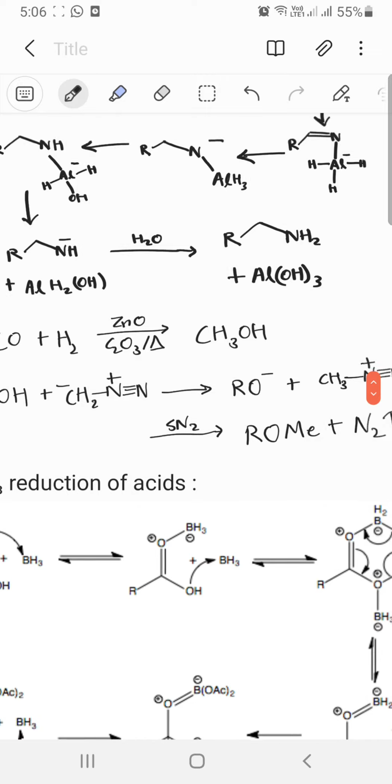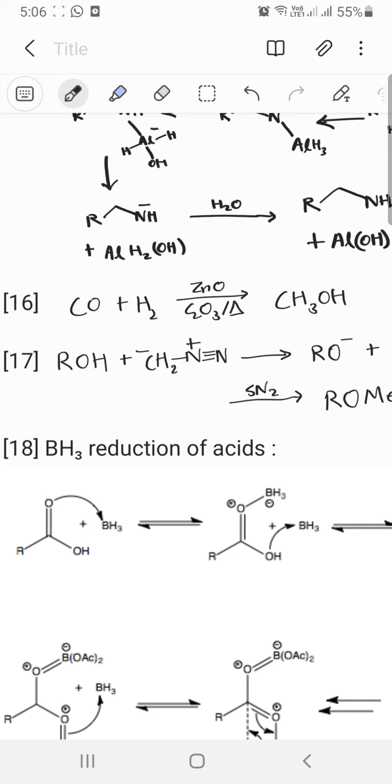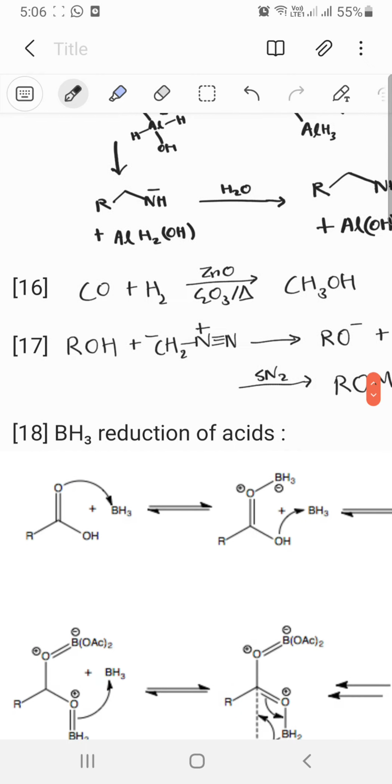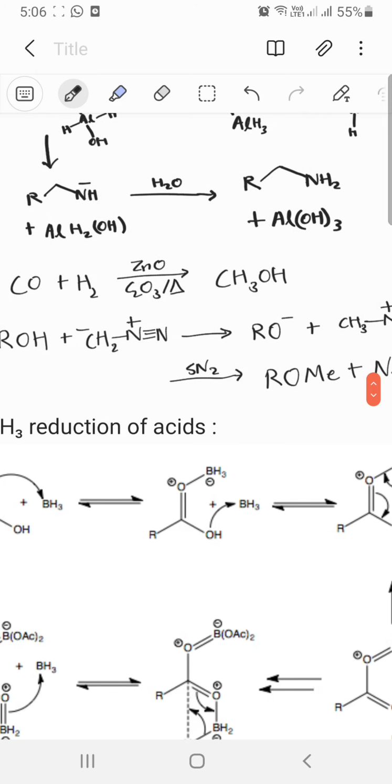Again, this reaction, I don't know much about it. Okay, ROH plus CH2 minus and then plus. This thing is a diazonium salt, so probably just N2 will get released. So it's something like a carbene, not exactly like it though.